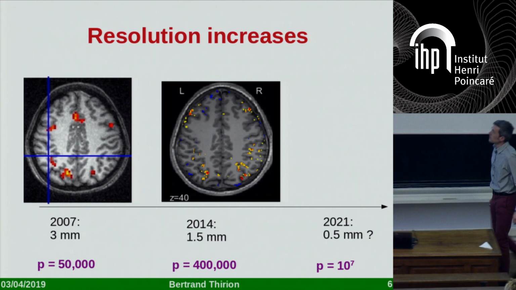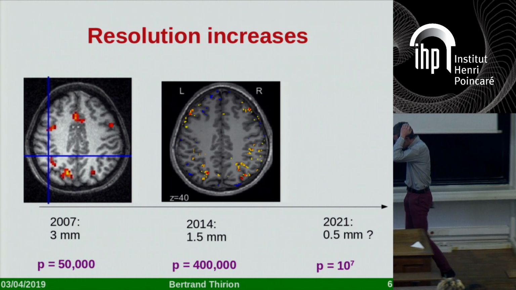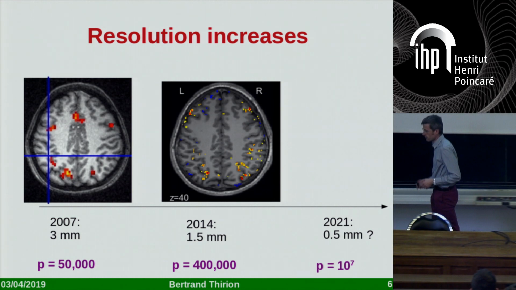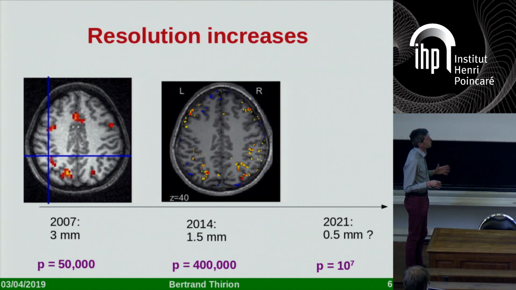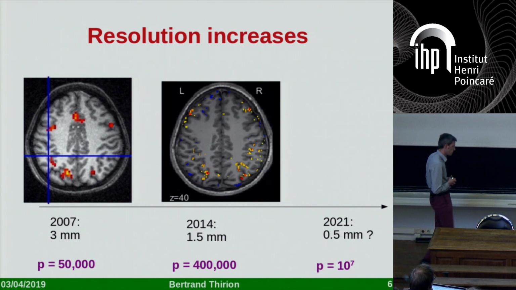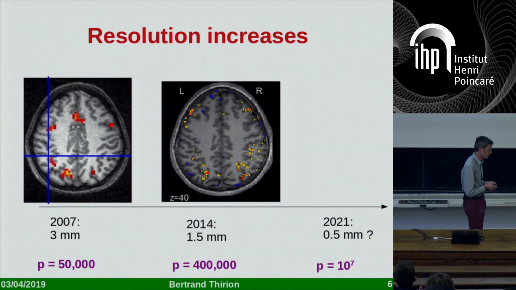One other point that I want to put forward before going into the real matters is that resolution increases. 15 years ago, we were scanning with a resolution of 3 millimeters in fMRI. Now we are at about 1.5 millimeters, which multiplied by 8 the number of voxels, the spatial units that you are observing.